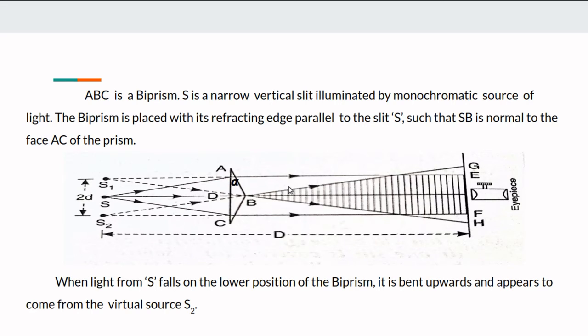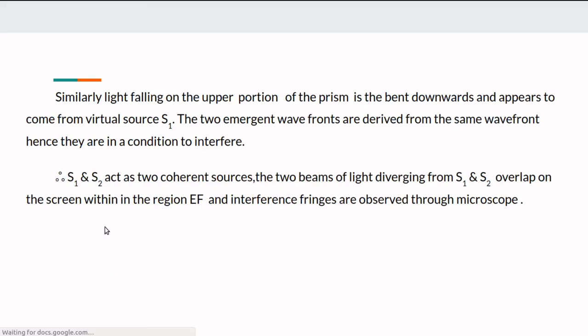If you observe these rays from this side, they appear to come from two sources S1 and S2 instead of S. But actually S is the only single source, and the refracted rays appear to come from the virtual sources S1 and S2. These two virtual sources S1 and S2 act as two coherent sources.